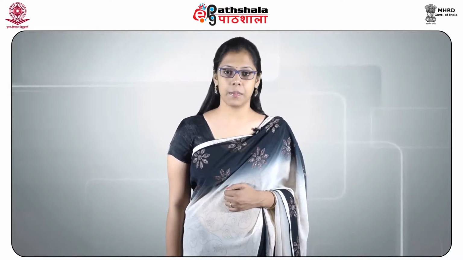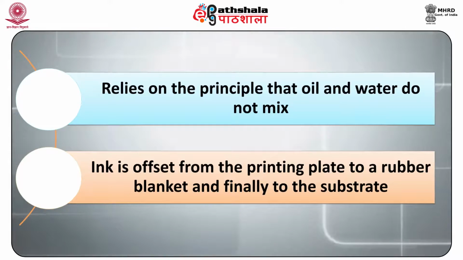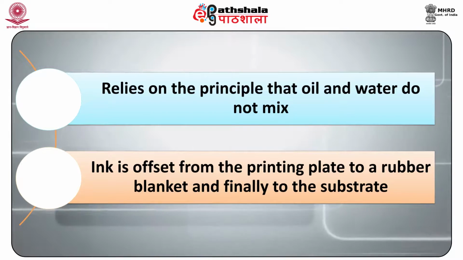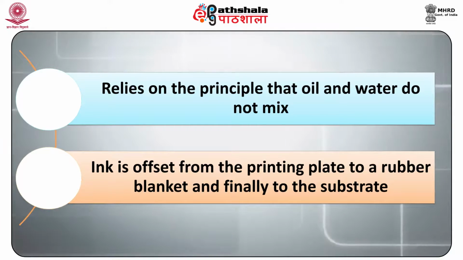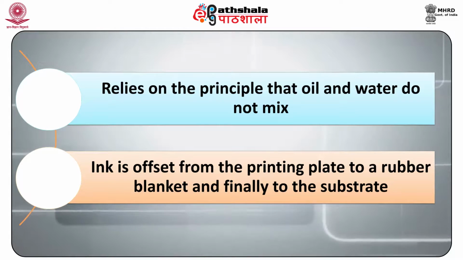Now let us discuss offset lithography. Offset lithography differs from other printing processes in two ways. First, its success relies on the principle that oil and water do not mix, and second, the ink is offset from the printing plate to a rubber blanket and finally to the substrate.